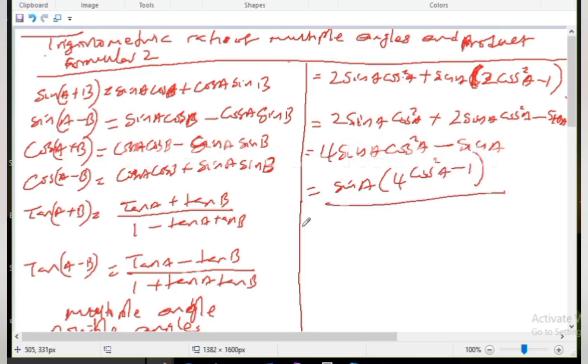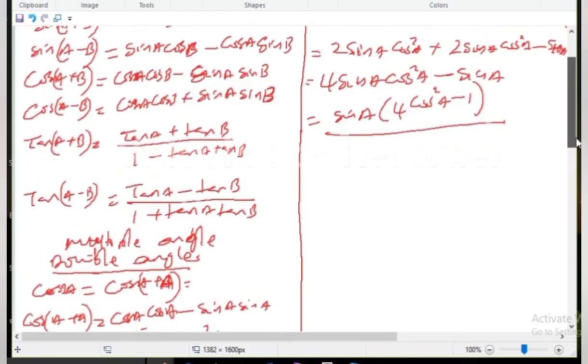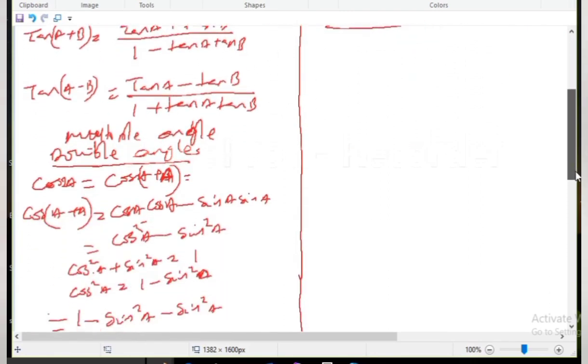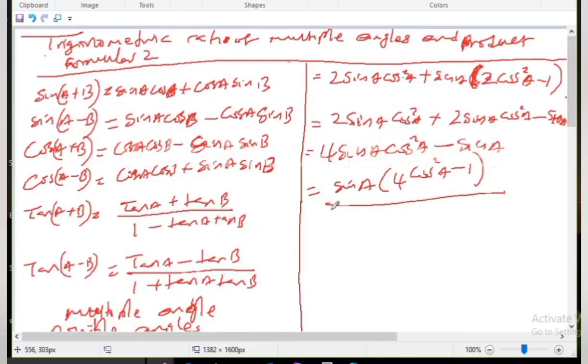So that's the result for the triple angle. You can equally have it in cos and in tan. So it's the same thing.